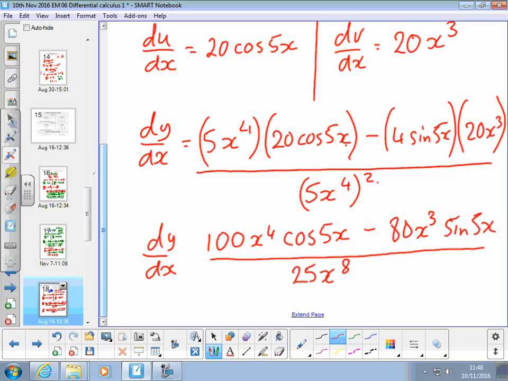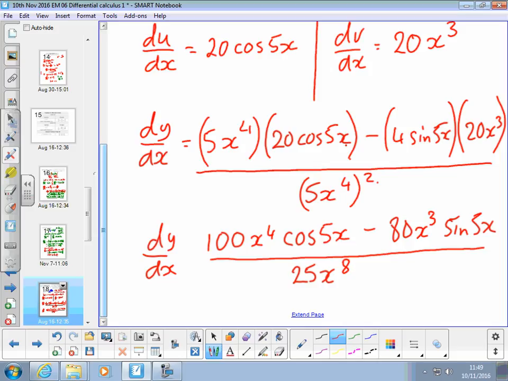Multiplied out these two brackets. 20 times 5x to the 4 is 100x to the 4. Leave the cos 5x bit as it is. 20 times minus 4 is minus 80x cubed, sine 5x stays the same. Everyone happy with that?